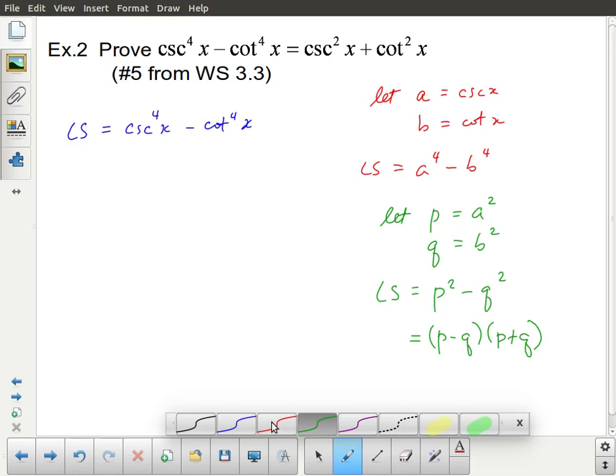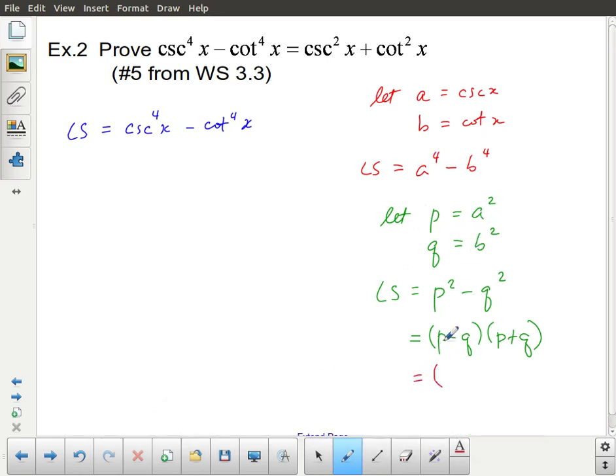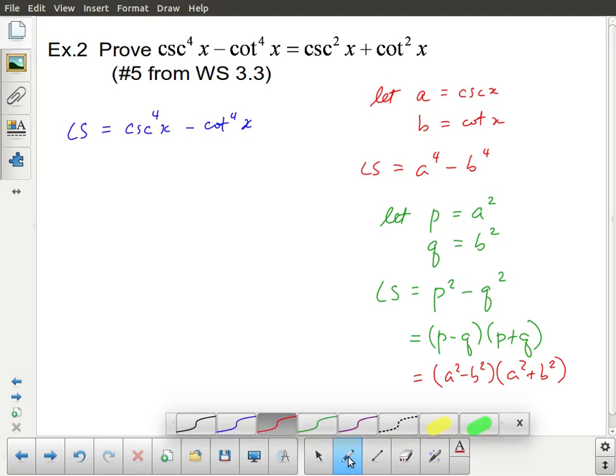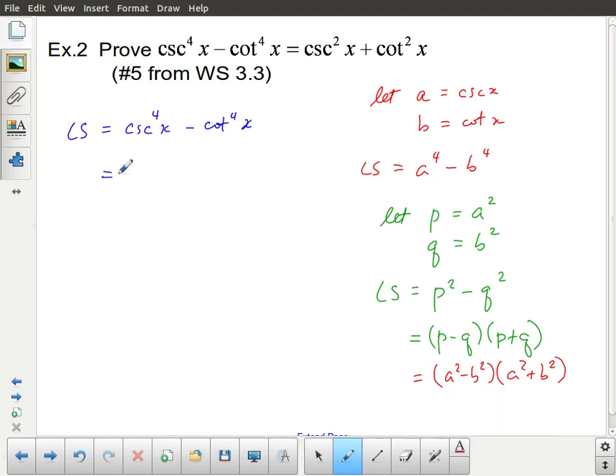But if I switch back to my A's and B's, well, what is P minus Q? That would be A squared minus B squared. And this one would be A squared plus B squared. And let's go all the way back. So now what this becomes, instead of A squared, well, that's cosecant.